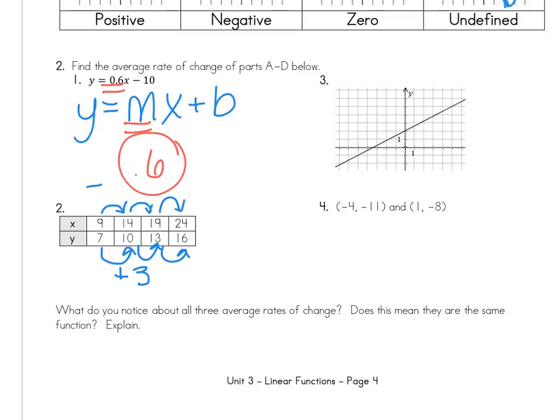Well, it looks like I'm adding 5 every single time. So my slope would be the change of y, so how do my y's change, divided by my x change, which would mean 3/5. Hey, wait a minute. Isn't 0.6 and 3/5 the same? Kind of cool.